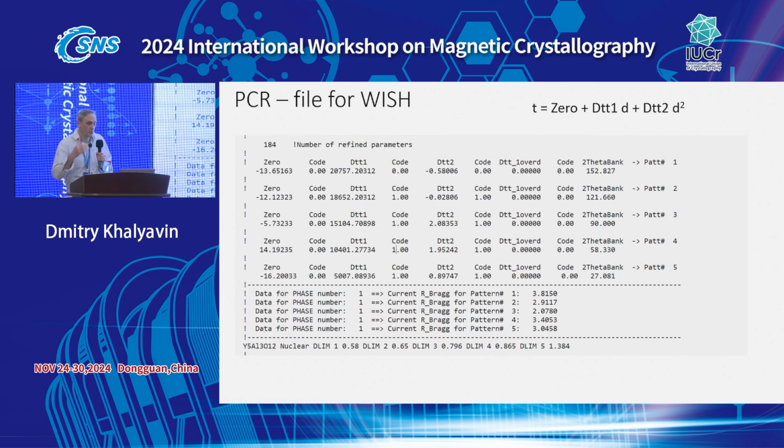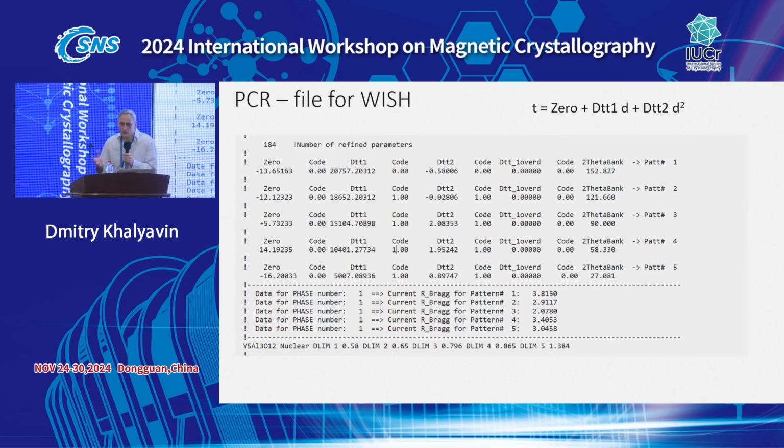But in reality, we always have some effects, like the time signal of the target is not exactly the same as the data acquisition electronics. There is some delay in how the electronics reacts to neutron registration, and so on. So that gives some global shift of your pattern, the zero shift. And then DTT2 is also a parameter which depends on the nature of your sample.